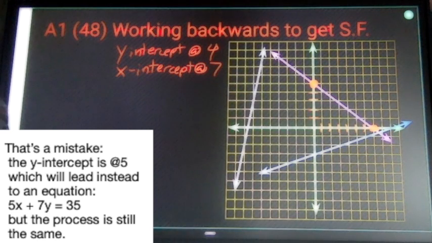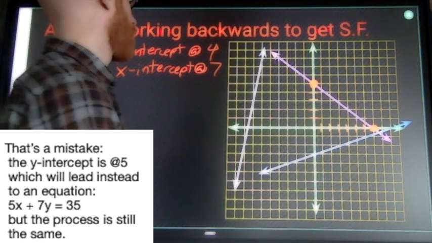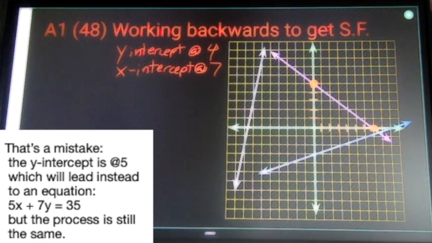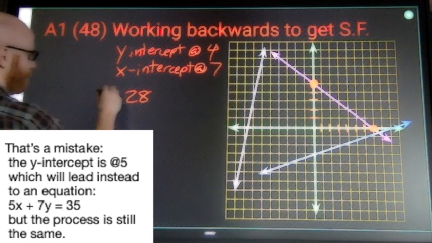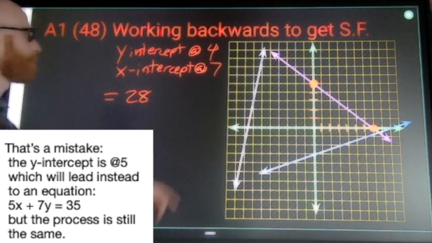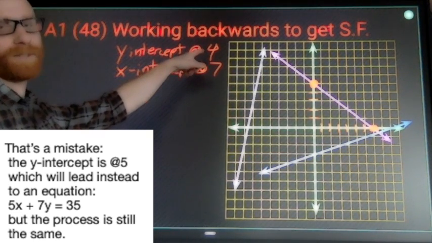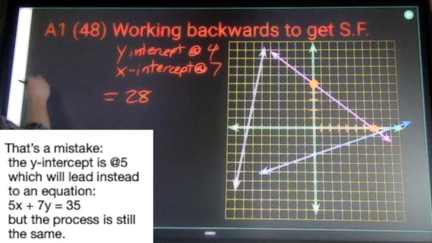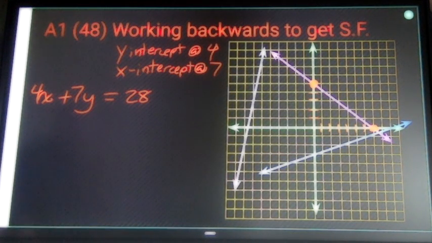Now this is what I'm going to do for standard form. I'm going to multiply the values of my intercepts together. It's going to be my c value. I'm going to reverse them. Okay, so I'm going to say 4 x's plus 7 y's equals 28.